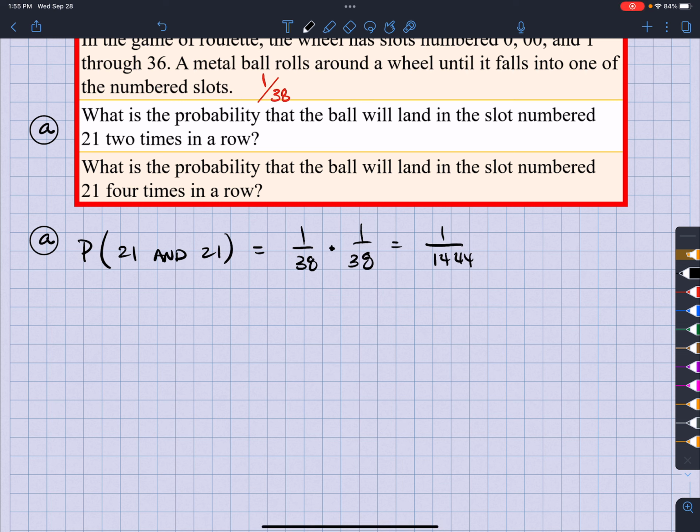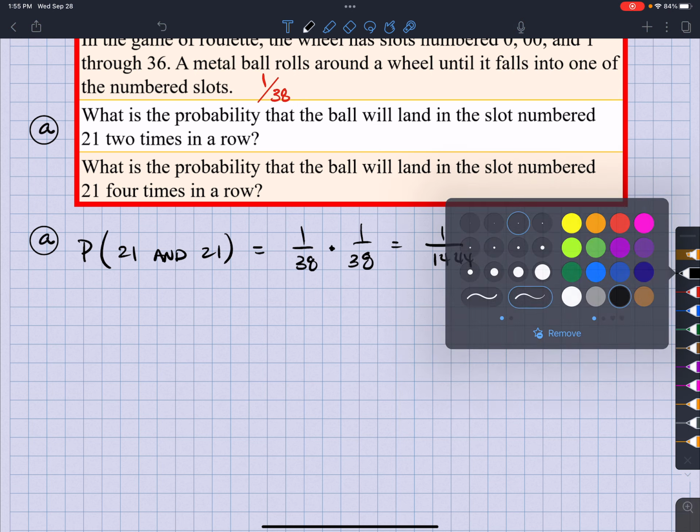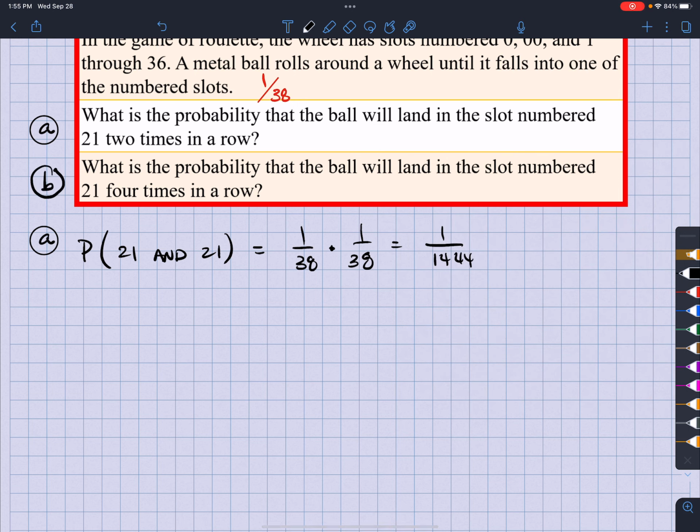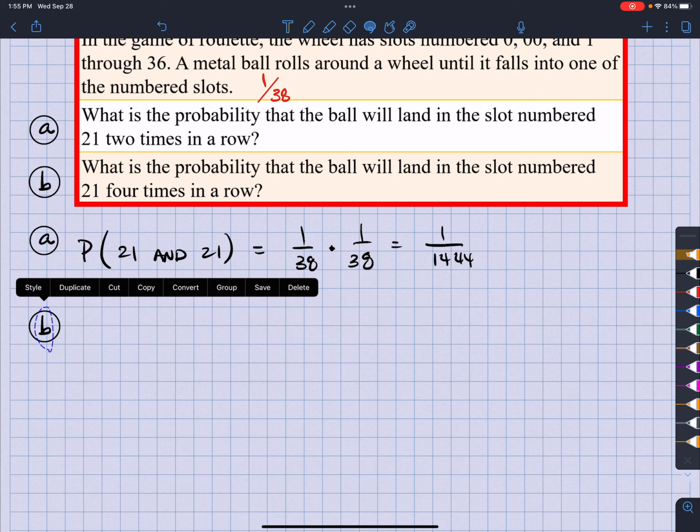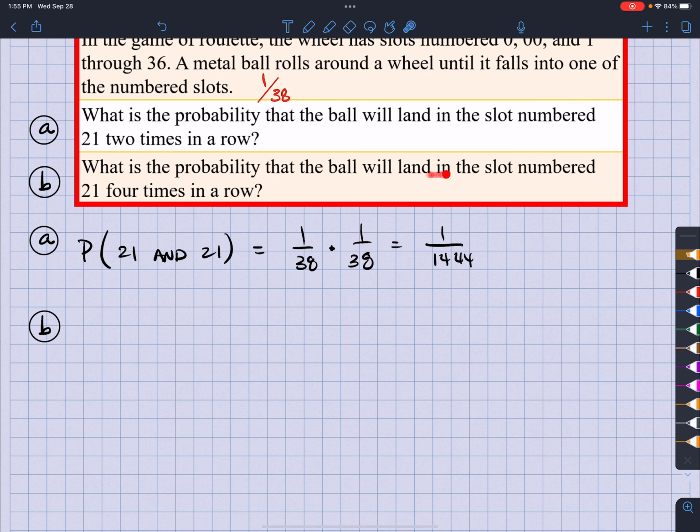Now, on the second one, part B, it wants to know the probability that the ball will land in slot number 21 four times. In other words, I want the probability of the first one being 21 and the second one being 21 and the third one being 21 and the fourth one being 21.